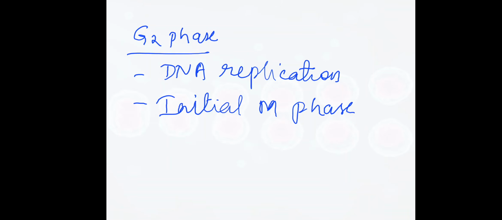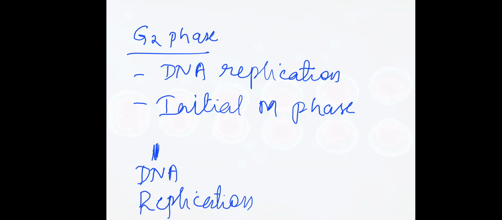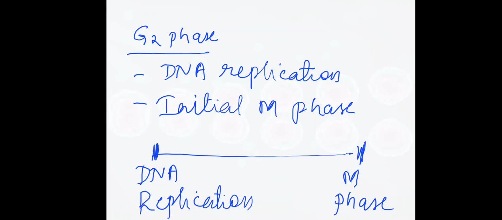So it is the period from the start of DNA replication to initial M phase. The phase between DNA replication and M phase is known to be G2 phase.